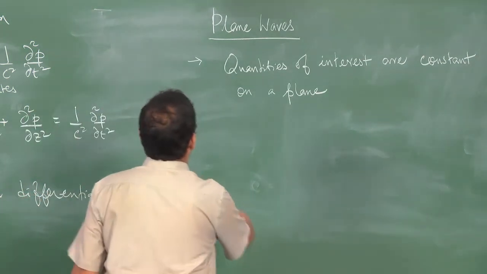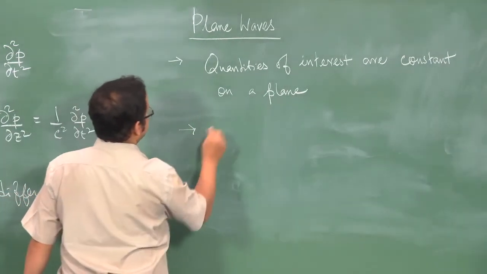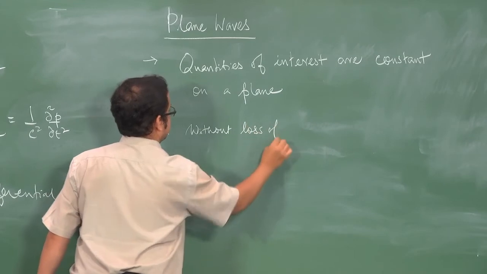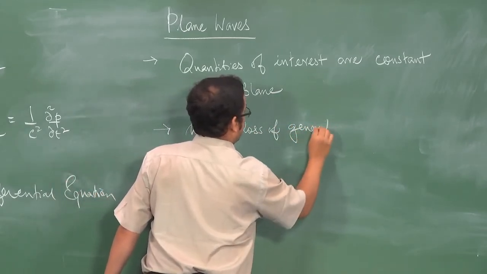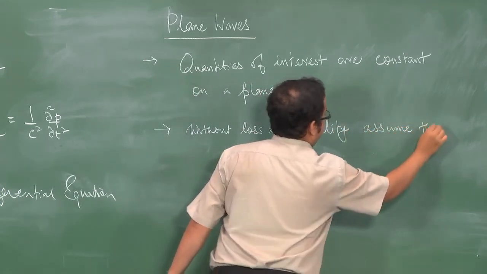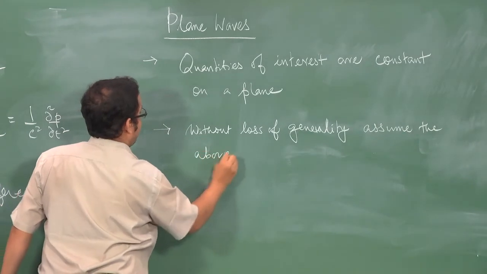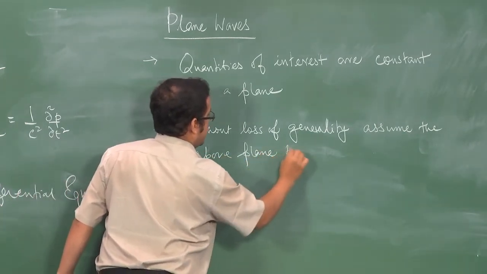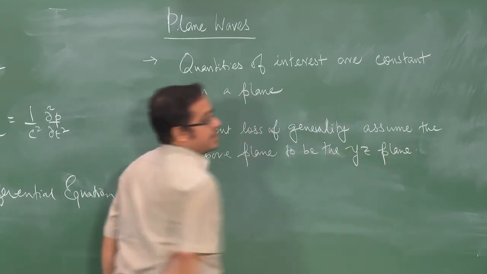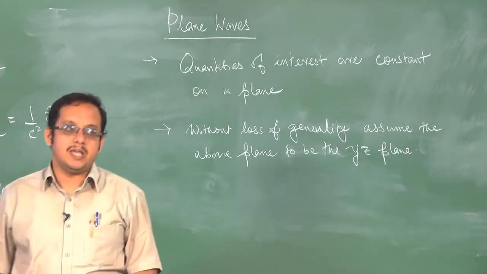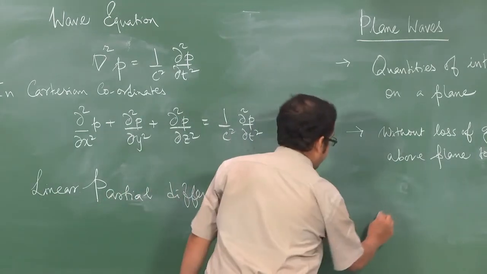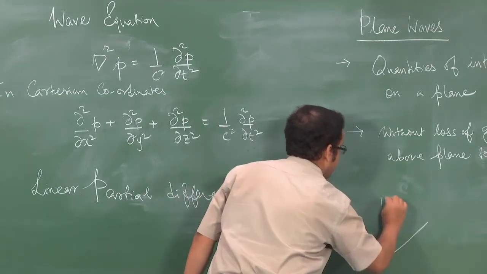So, plane waves are this. Without loss of generality, assume the above plane to be the YZ plane. Along the YZ plane we are assuming that things are not changing. Just let me give you an idea as to what I am implying.